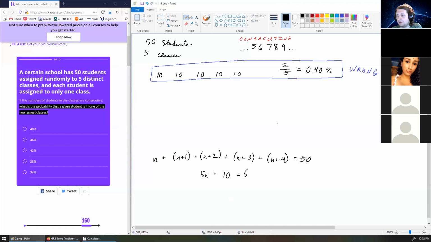Equals 50. 5n equals 40. n equals 40 over 5, which equals 8. And so that would get you 8, 9, 10, 11, 12.